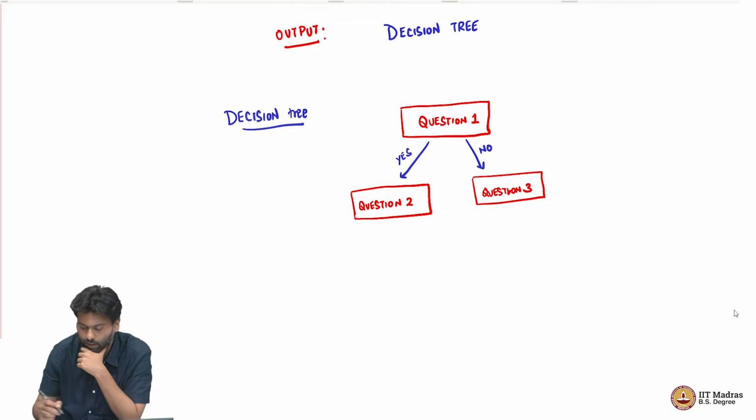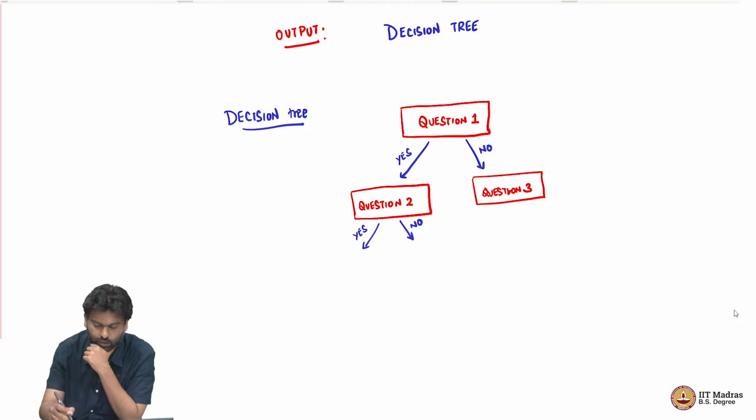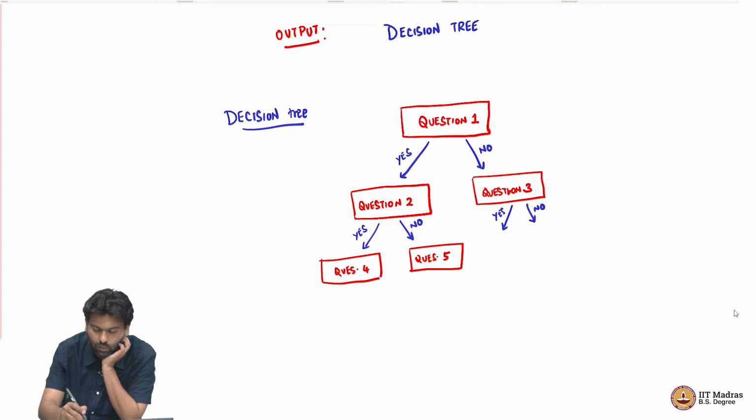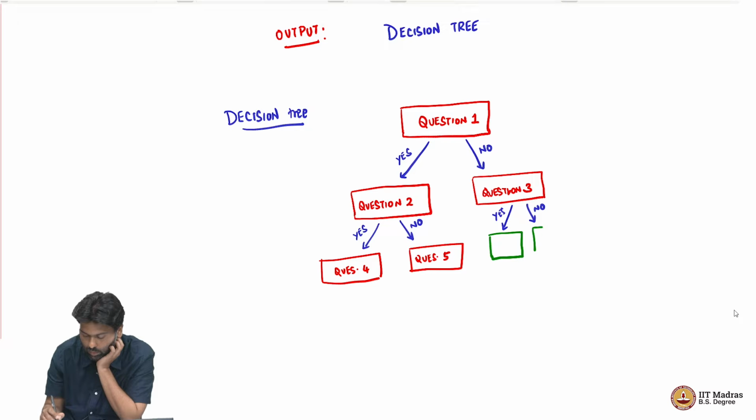Question 2 can again have two answers, yes or no, and it can go on; maybe question 4, question 5, I am just giving you an example. Whereas question 3 has two answers, yes or no, but then you do not ask any further questions, you make a decision here. The green boxes are decision boxes.